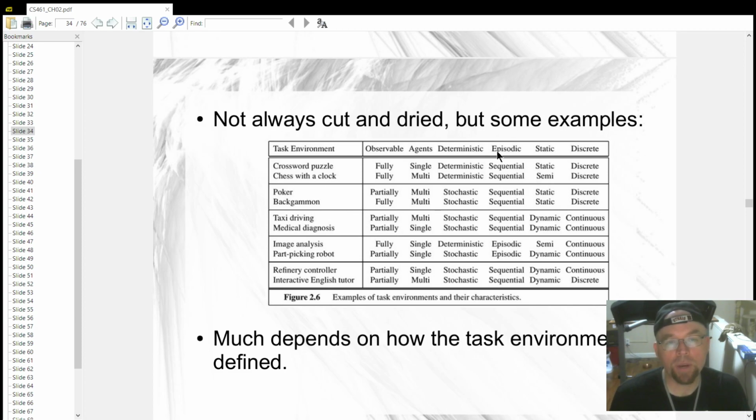Make sure that you give a reason. Don't just say episodic. This is good to refer back to, to give you an example or to get your brain thinking. But here it says crossword puzzle, fully observable. Now remember when I was talking about this in the previous video, I said, well, it's fully observable because look, you can see the crossword puzzle and you can see the words that have been written in. You've got to tell me that in the homework assignment too, okay?